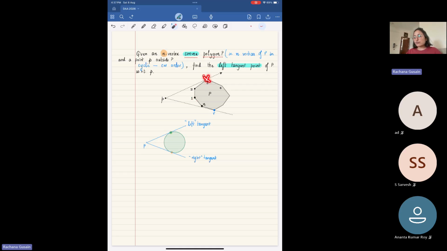And I want you to find, in constant time, which of the two is the left tangent point. How would you do that? The approach that you are suggesting will take linear time.